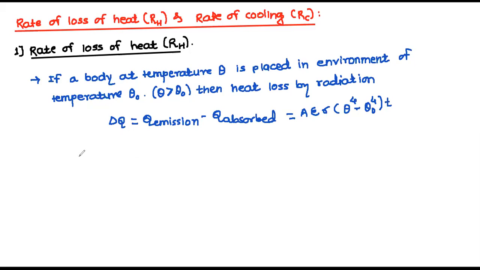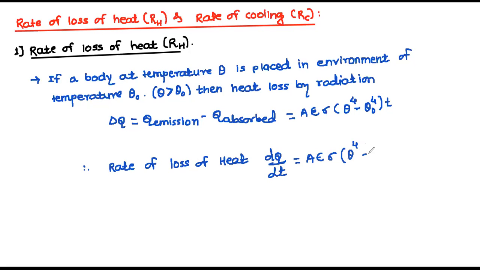Now see here, if I want rate of loss of heat, this is delta Q, so I am writing dQ, and this t I am taking as dt. Rate of loss of heat is equal to A epsilon sigma theta power 4 minus theta naught power 4.